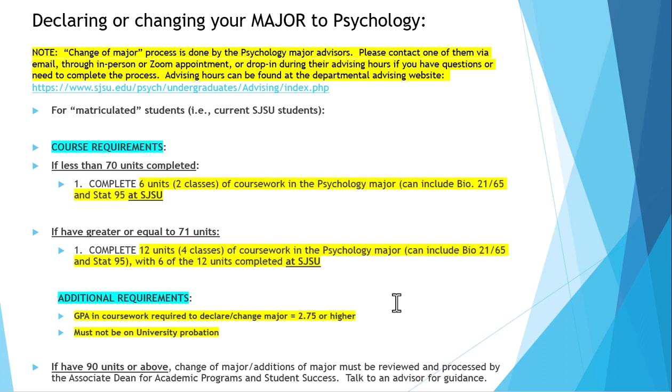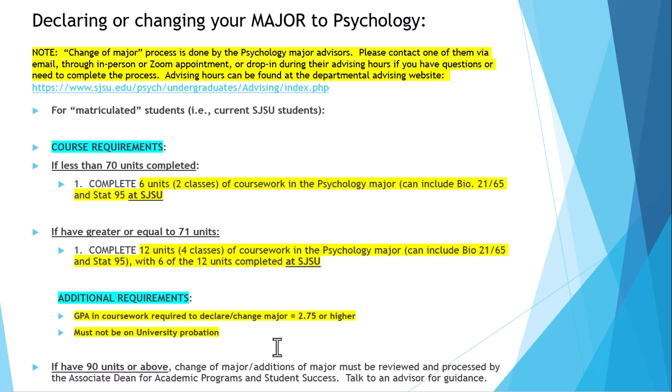Okay. Now, it's a little bit more complicated if you have earned 90 units or above. Okay, so if you've earned 90 units or above, you need to come to a psychology advisor as soon as you're thinking about changing your major to psychology, because we need to go over your expected graduation term and whether or not it's possible for you to complete the requirements for a psychology major by your expected graduation date.